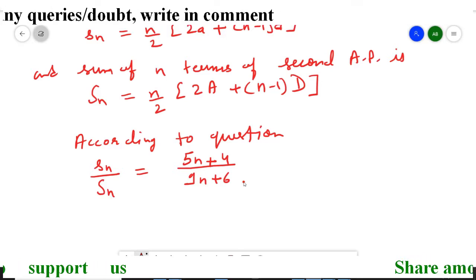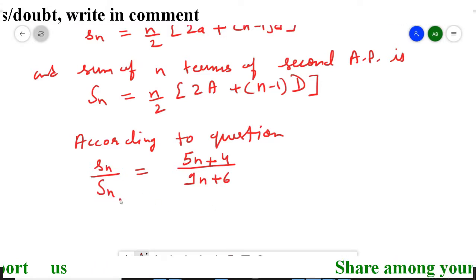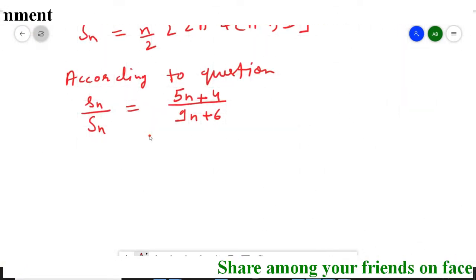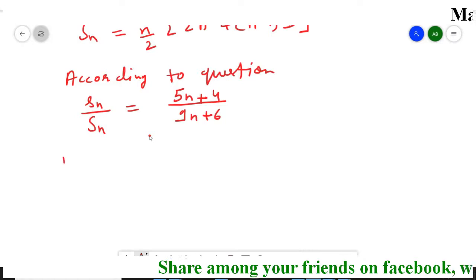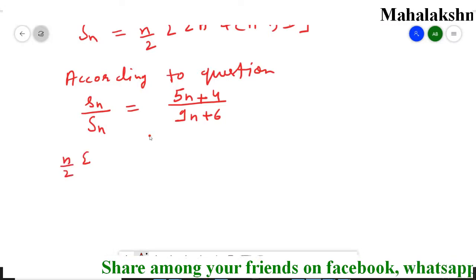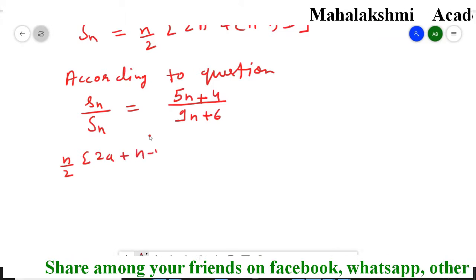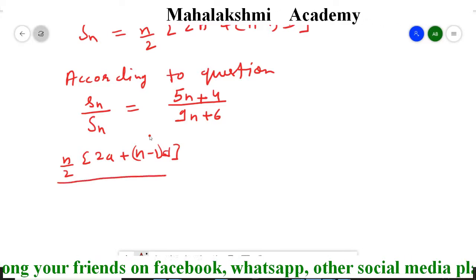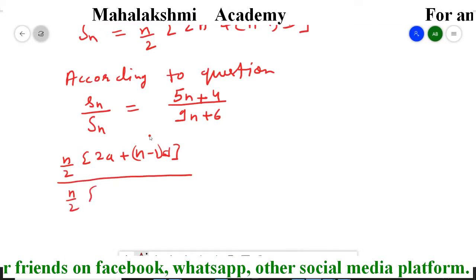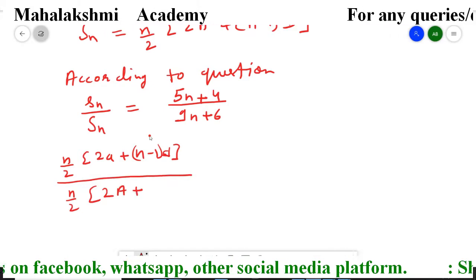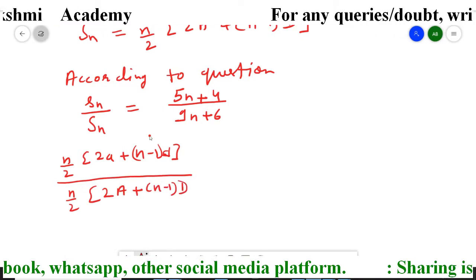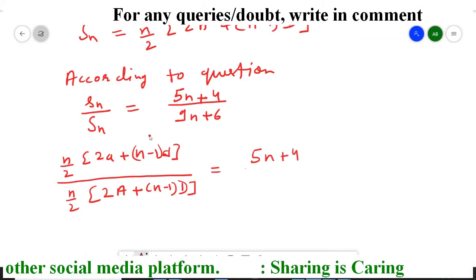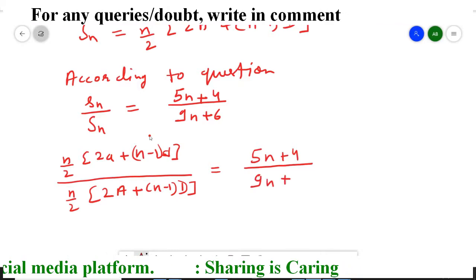Now instead of small Sn and capital Sn, we are going to replace the values which we calculated earlier. After replacing, it looks like this: n upon 2 big bracket 2a plus n minus 1 d big bracket close, whole divided by n upon 2 big bracket 2 capital A plus n minus 1 capital D big bracket close, equal to 5n plus 4 whole divided by 9n plus 6.